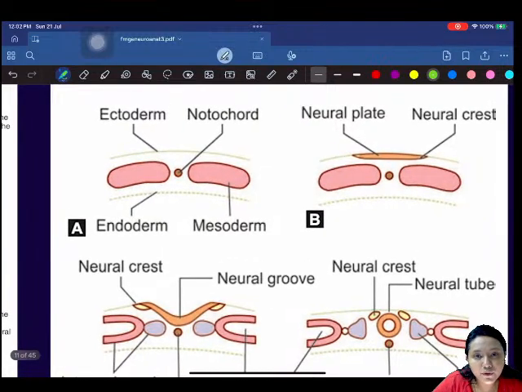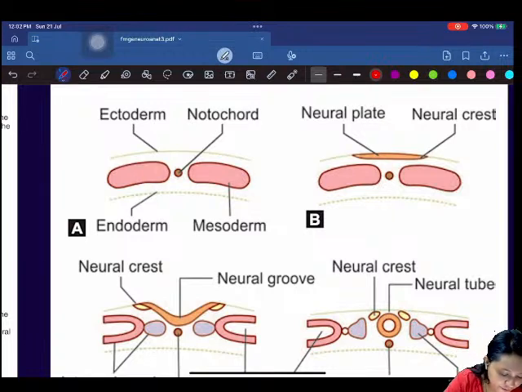Okay, so here you can see that there is this ectoderm. And then you have the endoderm.